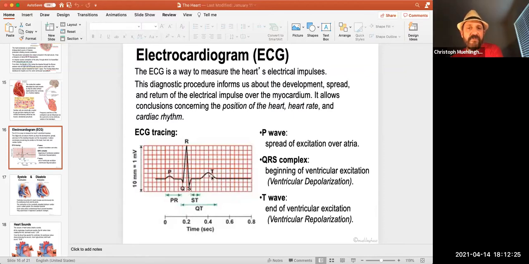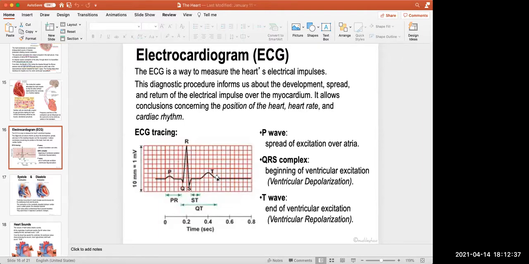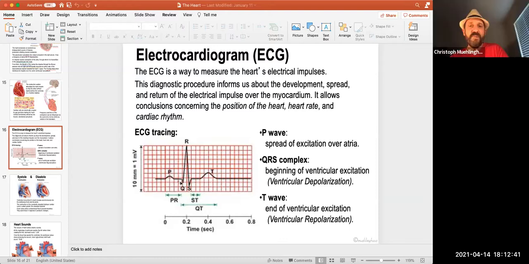But the T wave is sort of that recharging. If you call this a discharge of the ventricles, we can call this a recharging of that electrical capacity so the nerve can fire again. And you might ask yourself, why isn't there a repolarization for the atrial contraction? And there is, but it's hidden behind this big QRS complex.